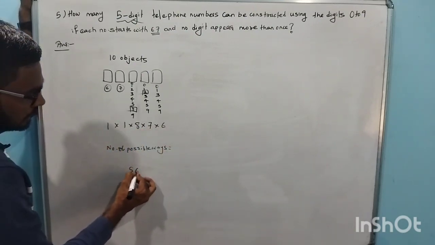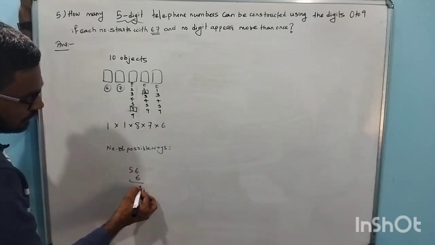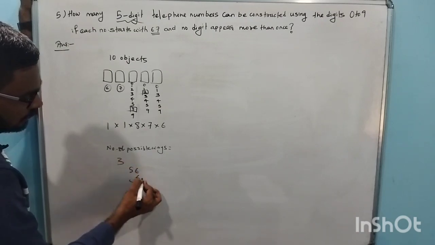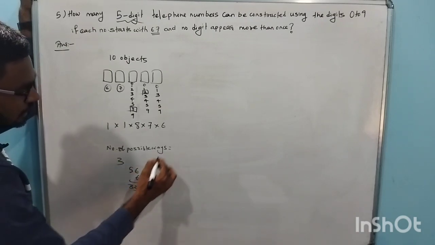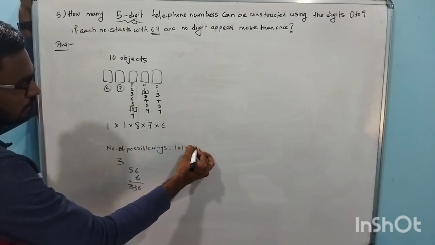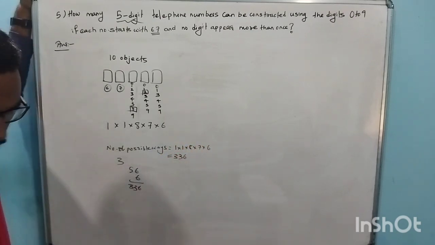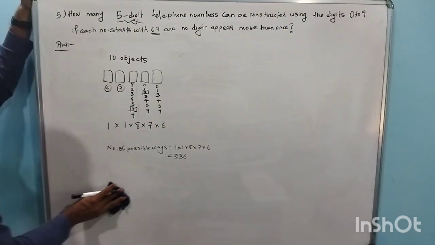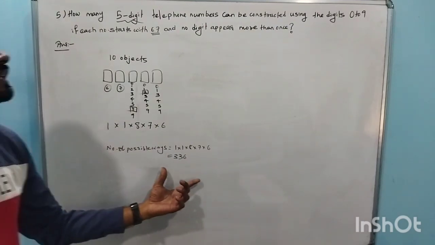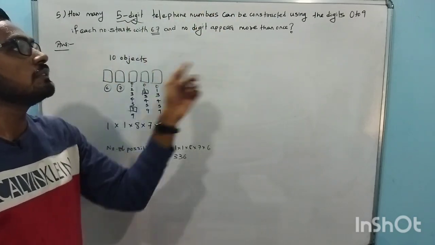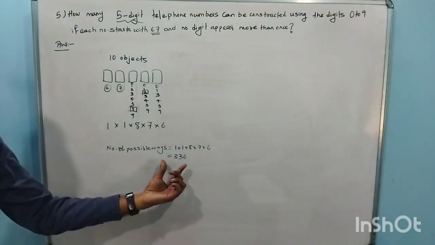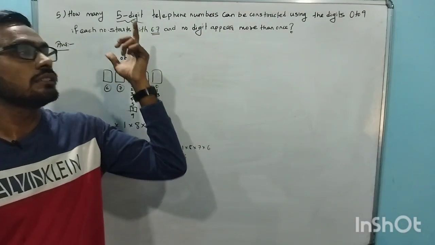So 56 into 6, 336. 1 into 1 into 8 into 7 into 6, which is 336. So therefore, we can construct 336 telephone numbers if this restriction is given. 336 different telephone numbers you can construct using this.